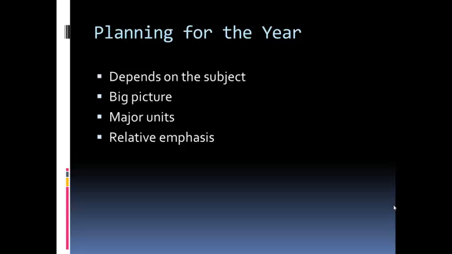So I'll think, okay, my unit on pre-Renaissance music might not be as long, but I need to be sure and allow plenty of time for Baroque and Classic and Romantic. So you'll look at this in your own subject area and decide which units are the really big ones where you're going to need a bit more time and which units, while you need to study them, are not going to take as long. So that's how you kind of map out and think about what you're going to do for the year. Kind of plan that out.